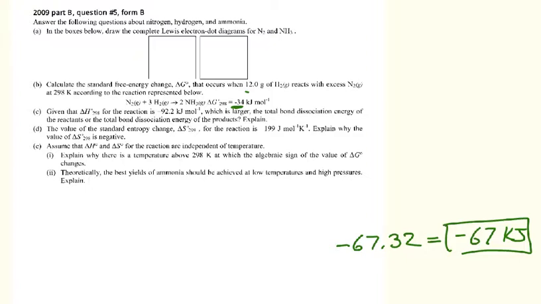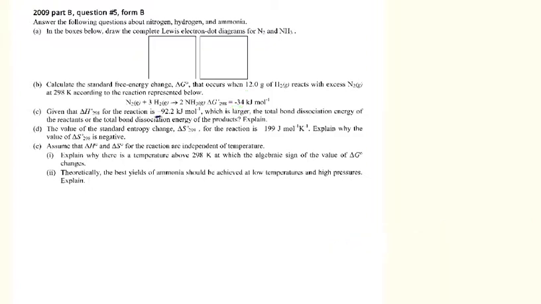Part C is a good conceptual question that relates to bond enthalpy. It says, given that the delta H is negative 92, so it's a reaction that gives off energy, which is larger, the total bond dissociation energy of the reactants or the total bond dissociation energy of the products? You remember that if we were trying to solve this, the reactants, we have to break these bonds and energy has to be put in, and when we reform these bonds, energy comes back out.